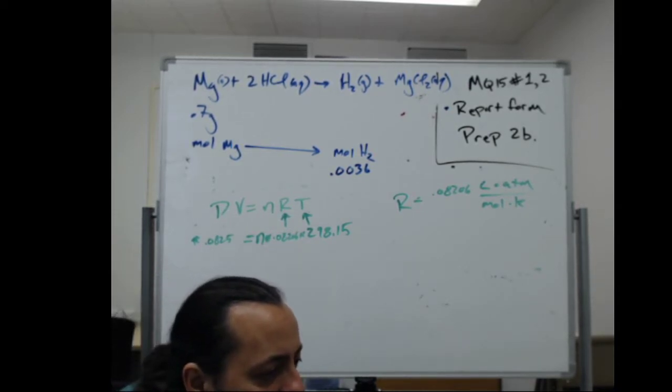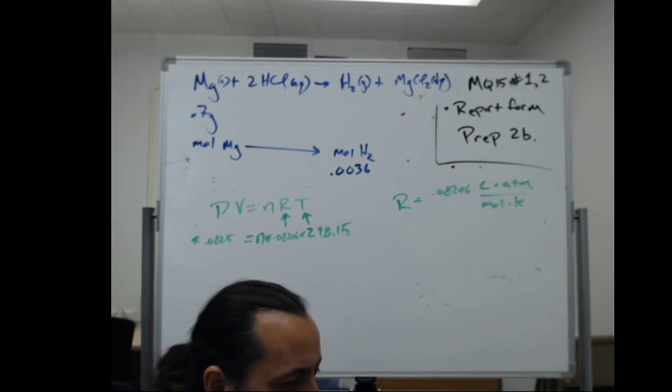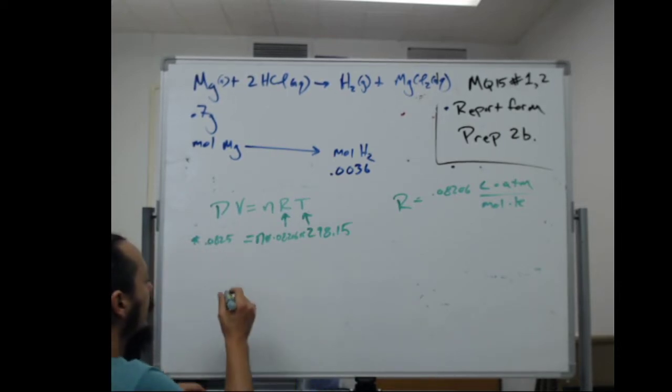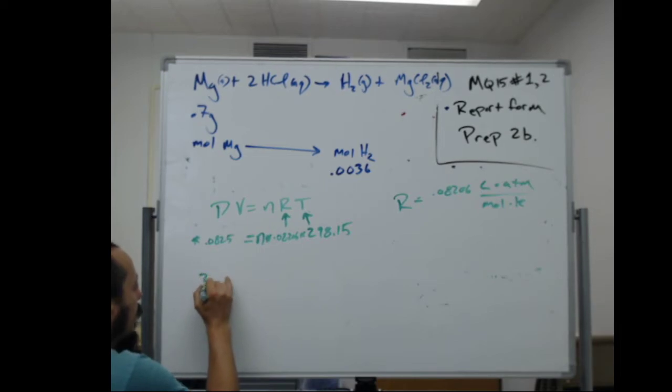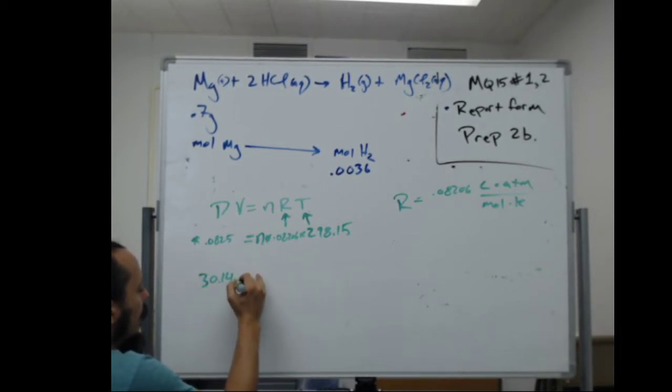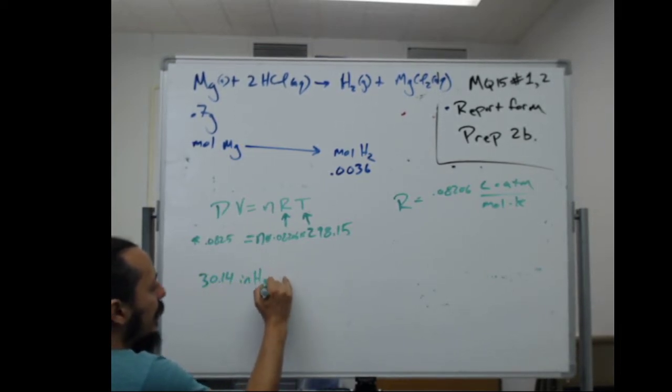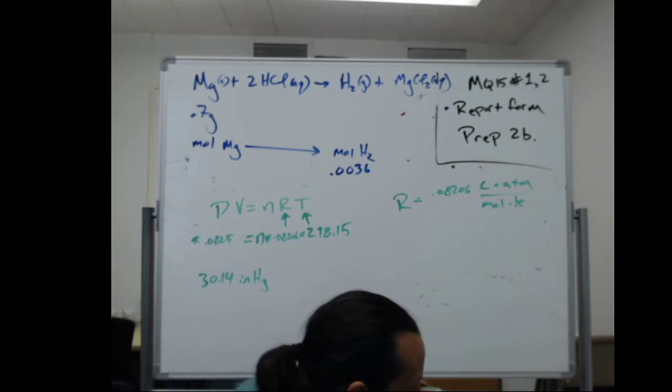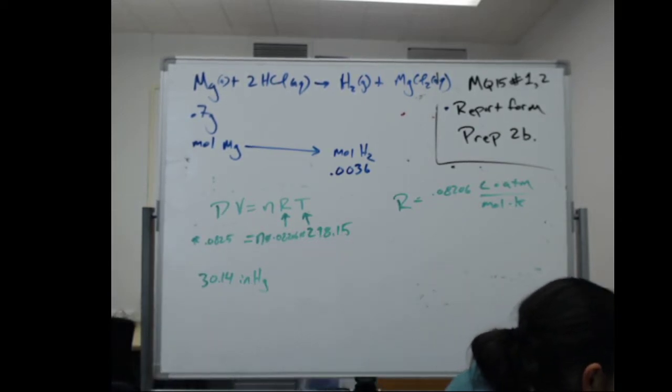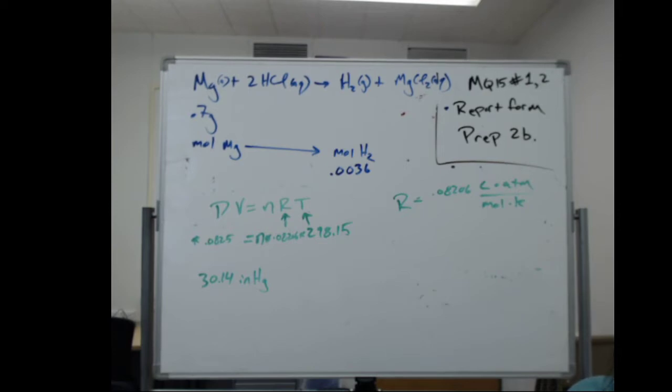What I'm going to need here is your atmospheric pressure. 30.14 in Hg. So that's inches of mercury. I'm going to go ahead and find a conversion factor real quick. This is such a weird unit. I think the United States is the only place that uses inches of mercury.